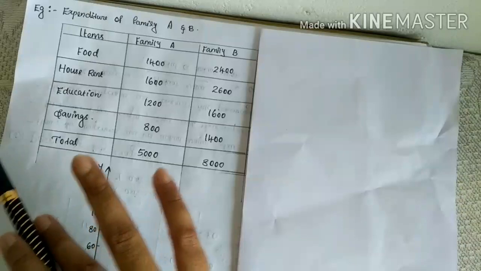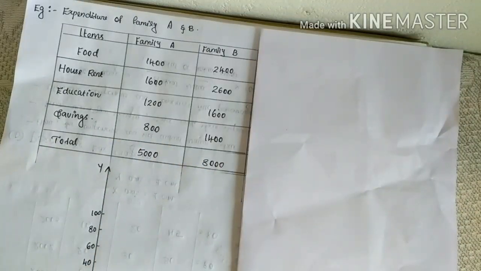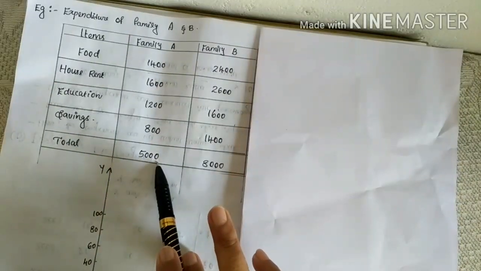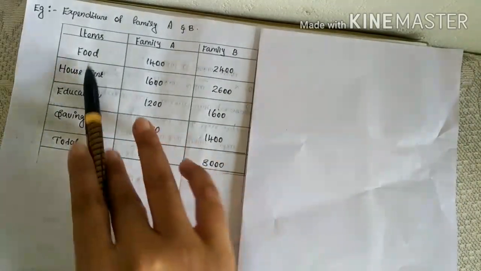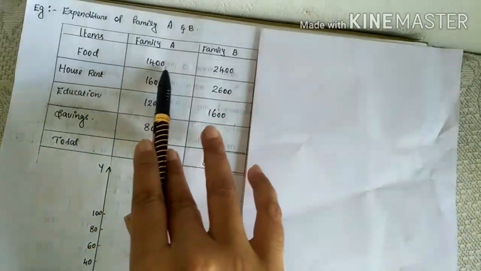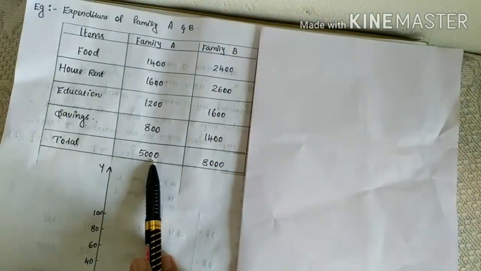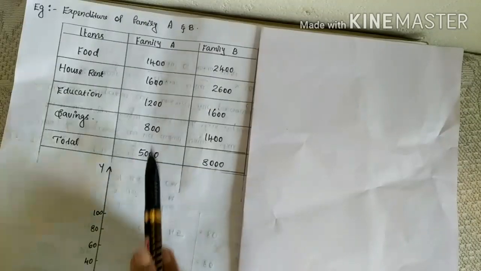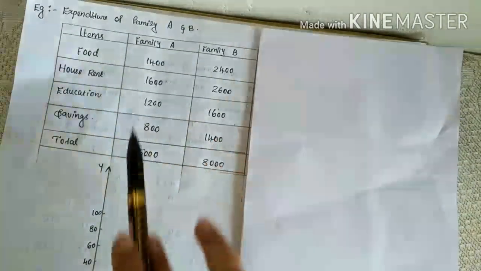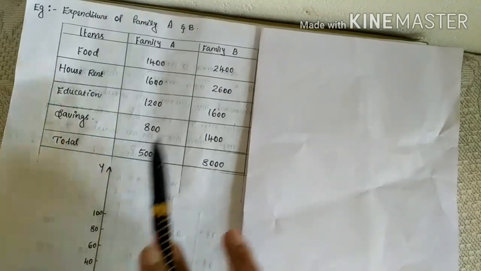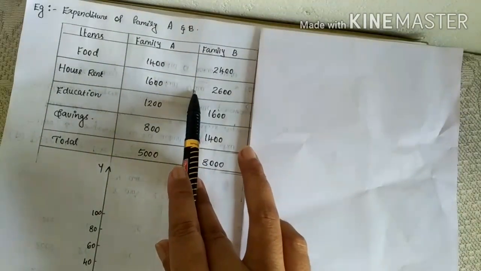So we already said the percentage is equal to actual value divided by total of actual value into 100. Here the food item, the actual value is 1400 and total of the expenditure of family A is 5000. So 1400 divided by 5000 into 100, that is equal to 28%.